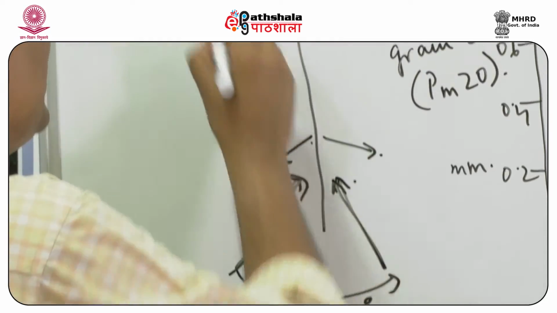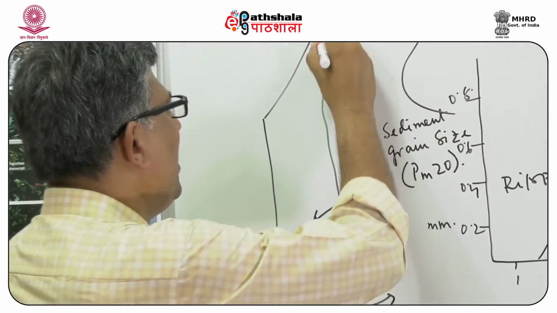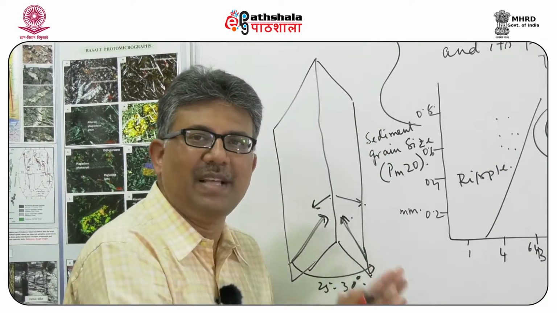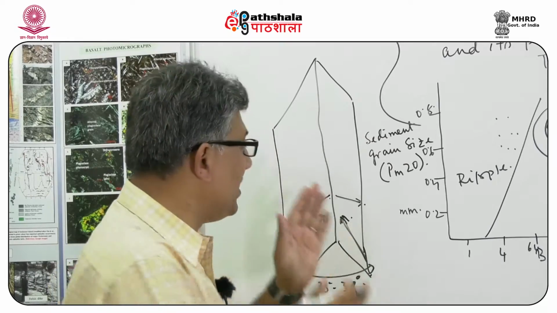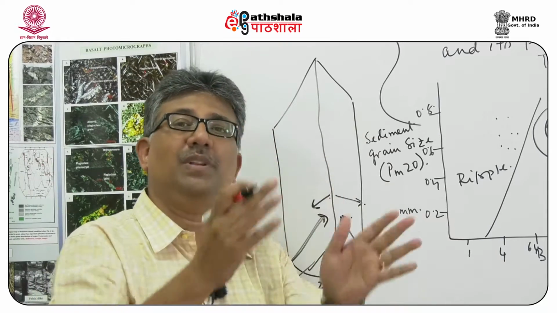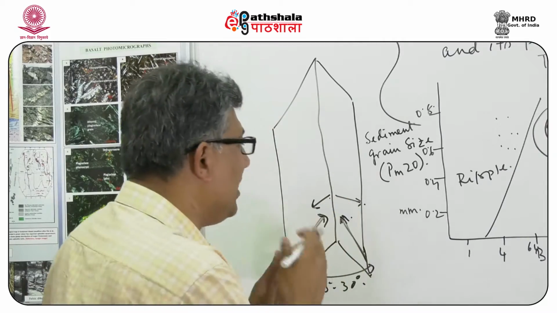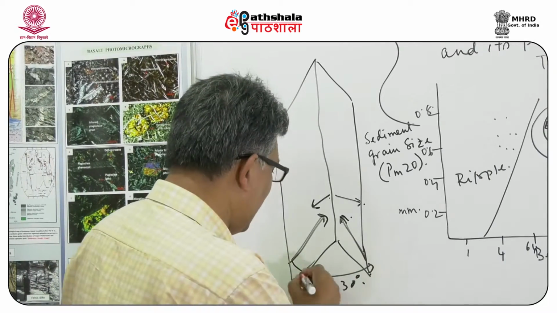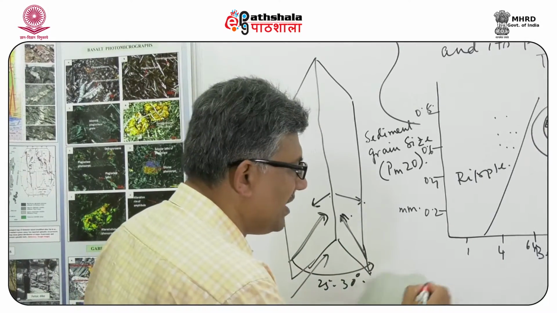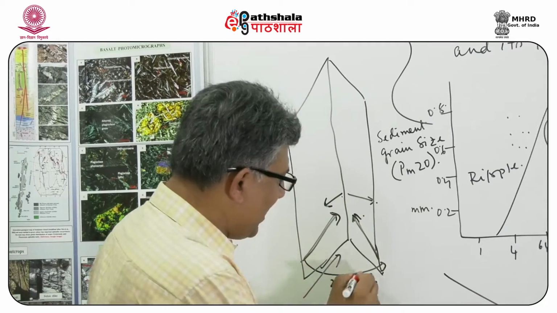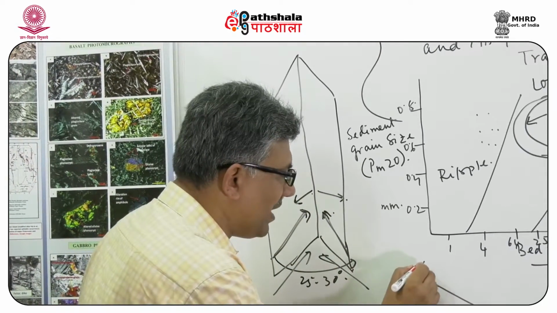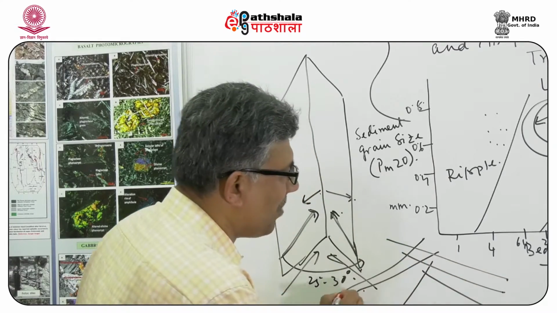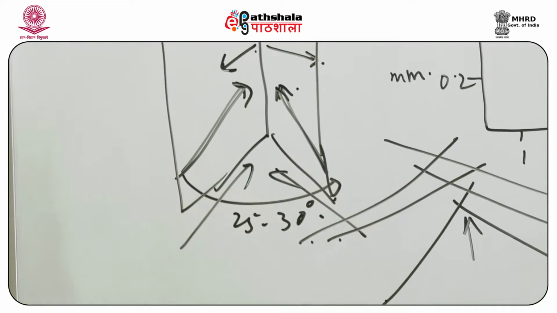So we expect a bed form that will have a slip face on both sides of it, and that's why, when I get the cross stratification of the longitudinal bed form, I will be getting a bimodal pattern of cross stratification. When there is a wind flow like this, you get a cross stratification like this, and when wind flows that way, you get a cross stratification like this. So they will crisscross one another and you get a development of the longitudinal bed form.